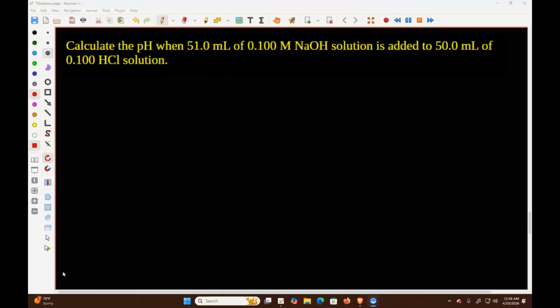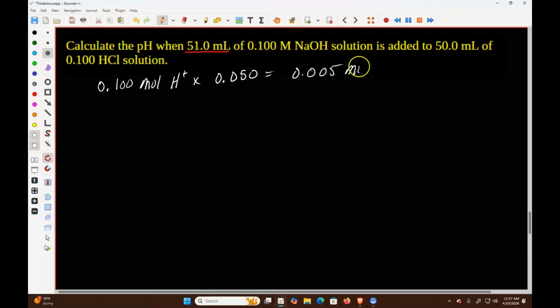Okay, here's the same problem as the previous problem, except this time we have 2 more milliliters of the base. As before, we'll calculate our moles of H plus. We'll multiply it times 0.050, and as before, we'll get 0.005 moles of H plus.